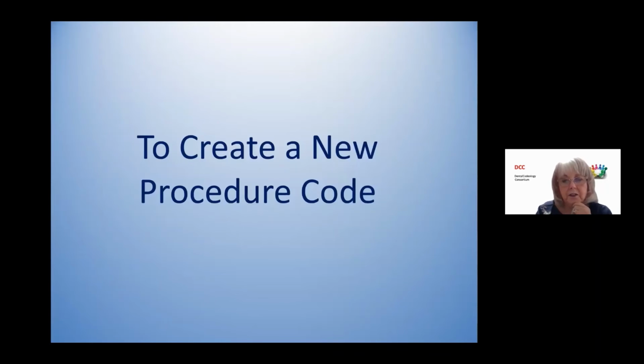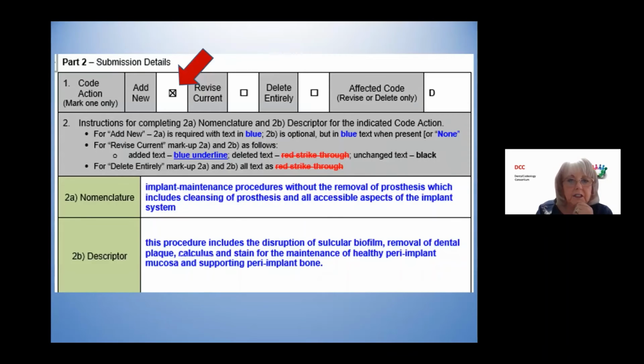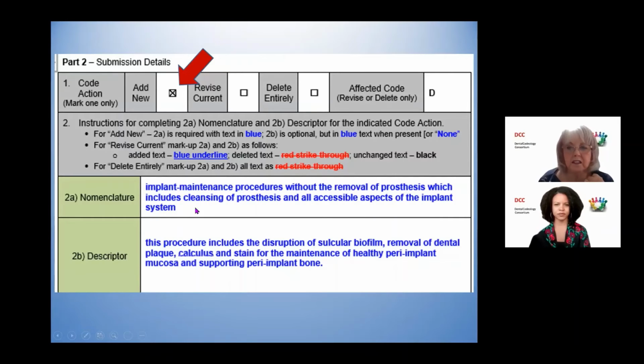So to create a new procedure code, this is one where all you do is add new, and then remember I said it's all in blue in terms of the title: implant maintenance without the removal of prosthesis, which includes cleansing and all accessible aspects of the system.